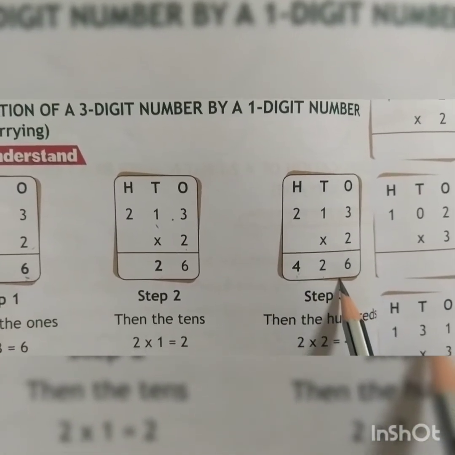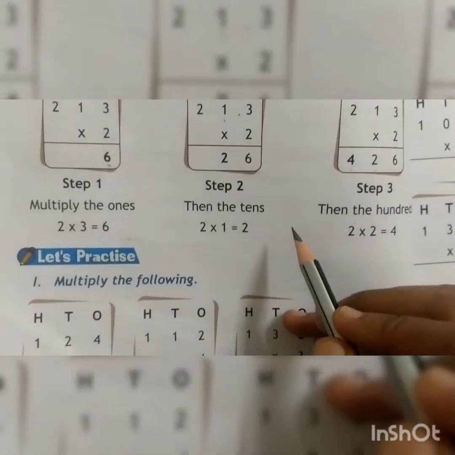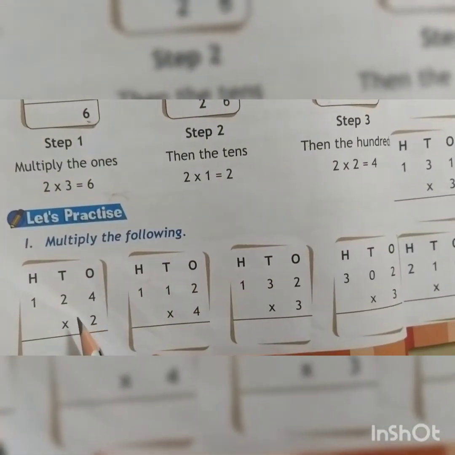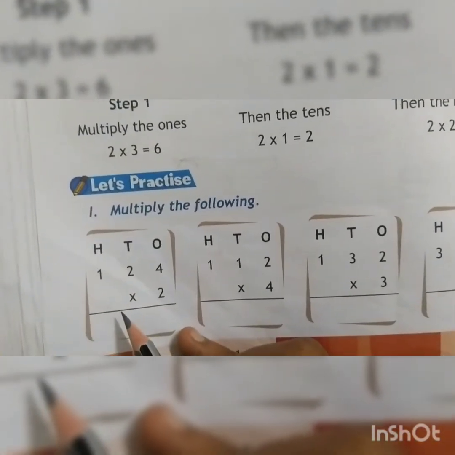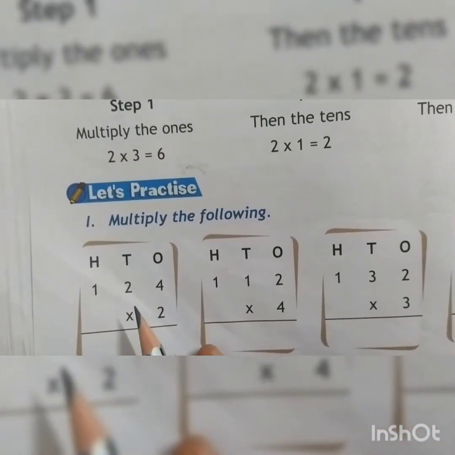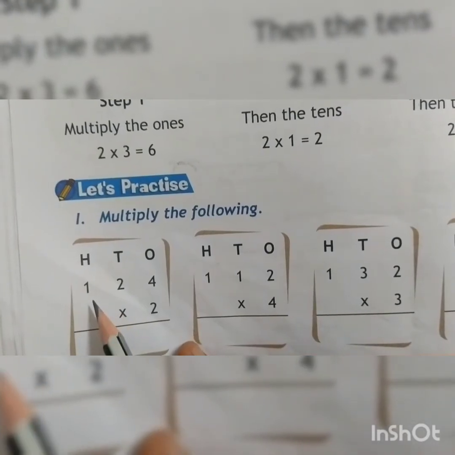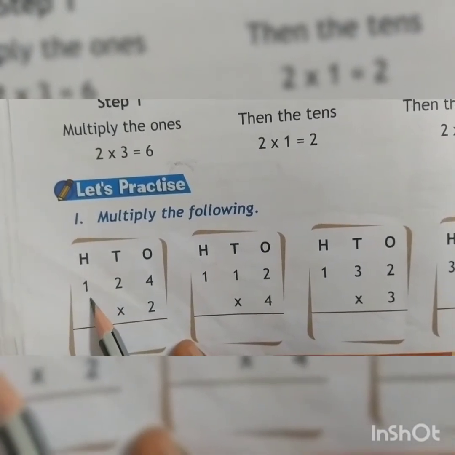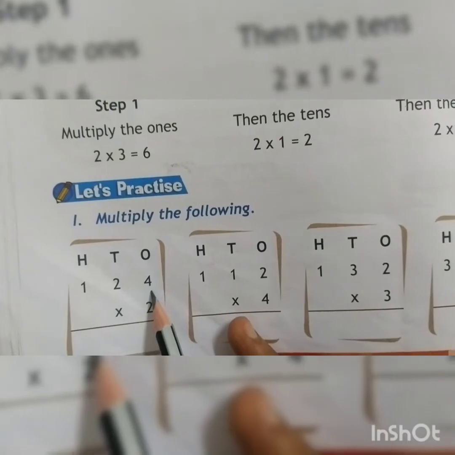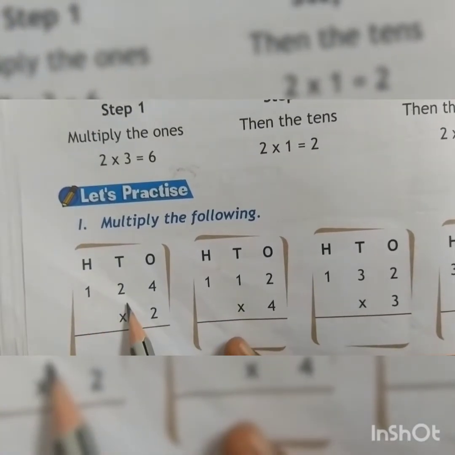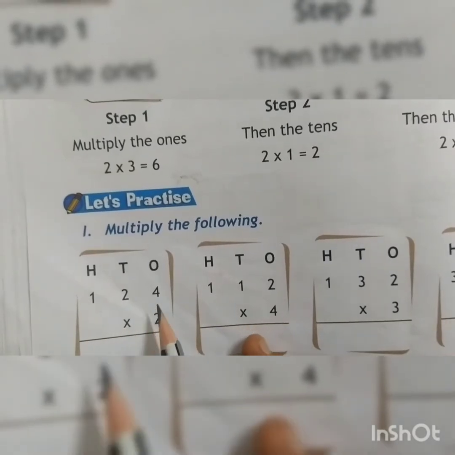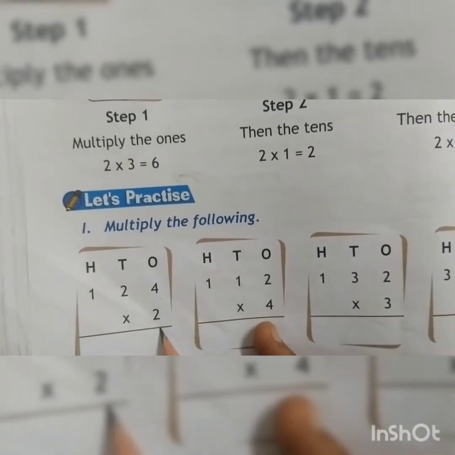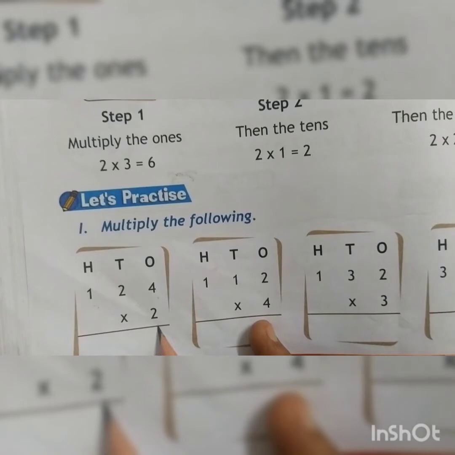The product is 426. Okay, children. Then, next, here you can see there are some problems. All of you try to do the first one. Yes, here we can see the 3-digit number is 124 and the 1-digit number is 2.